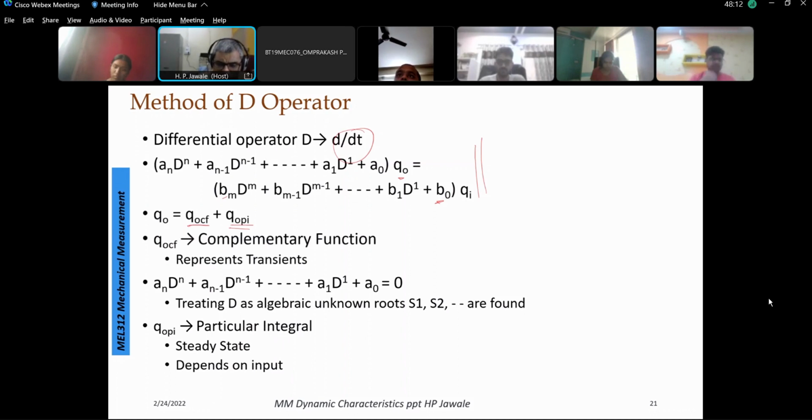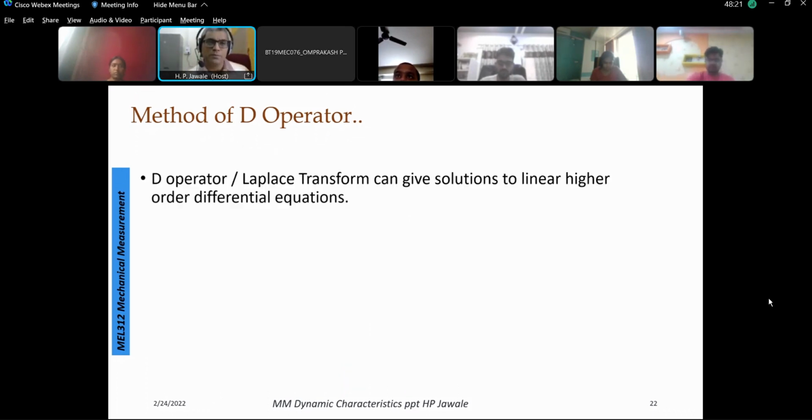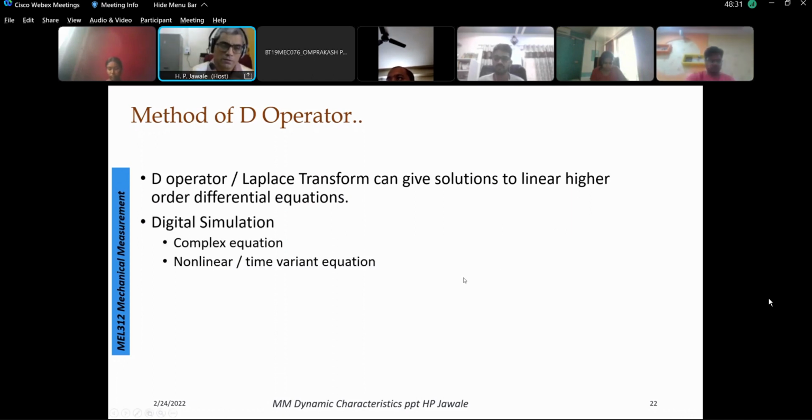The steady state response is given by the particular integral part of the solution, which depends on the type of the input that is applied. Then the method of D operator says that the D operator or Laplace transform can give the solution to linear higher order differential equations. The particular use of this is in digital simulation.